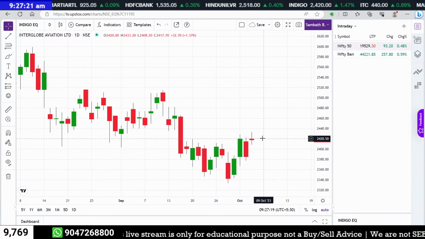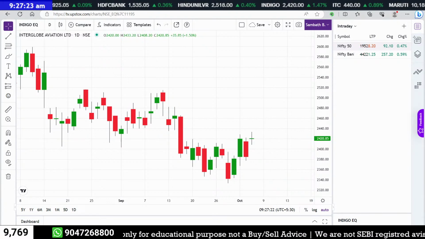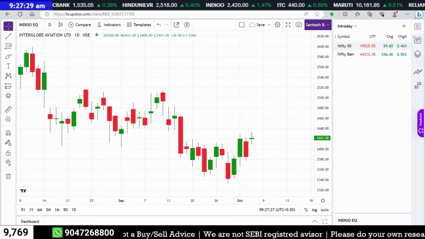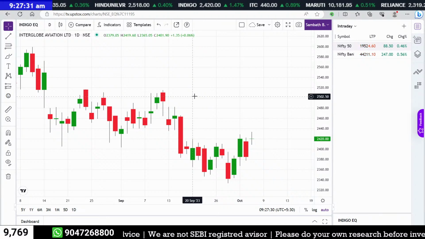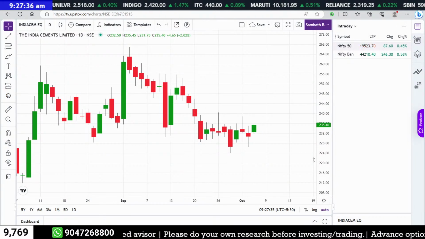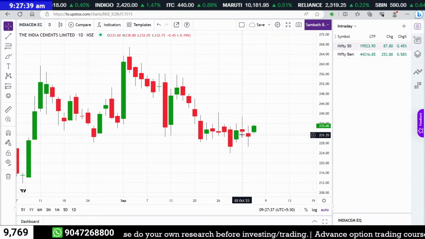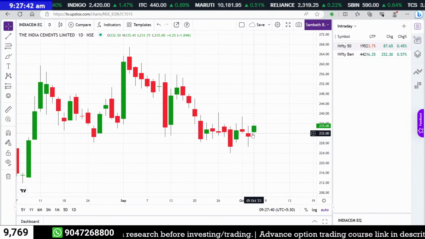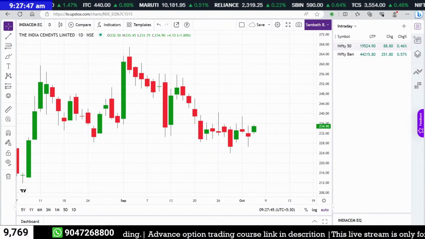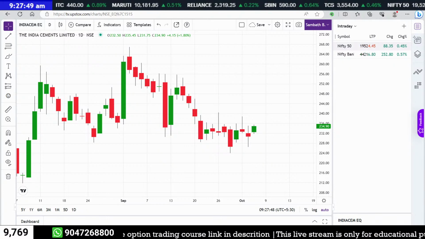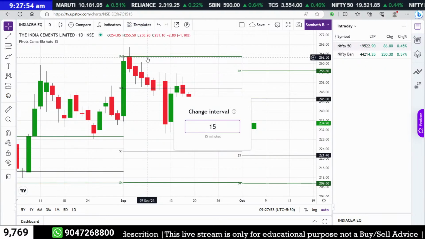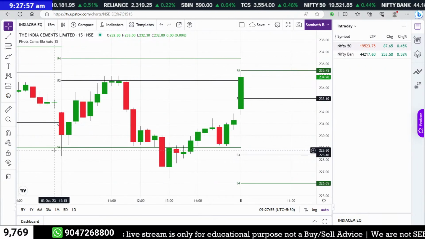And it was a gap up. A spinning top. The previous one is a hammer, an inverted hammer. And the resistance is now nearing that R4.